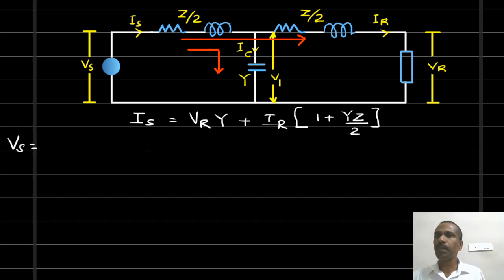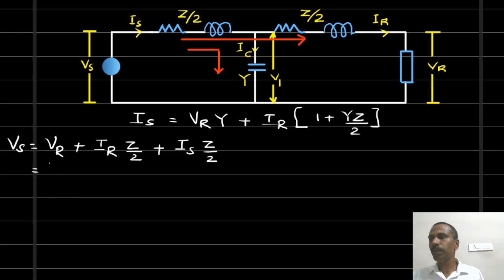Vs, the total sending end voltage, equals the receiving end voltage plus the drop in this part of the line plus the drop in this part of the line. That is VR plus the drop in this part, which is IR into Z by 2, plus the drop in this part, which is Is into Z by 2.